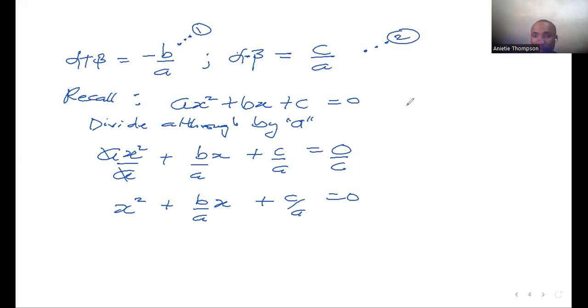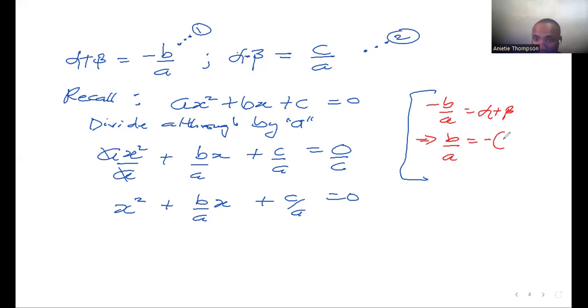But before I do that, I would like you to take a look at what I'm going to do right now. I will say if minus b over a is equal to alpha plus beta, then it implies that positive b over a, by multiplying both sides by negative, will be equal to minus into alpha plus beta.